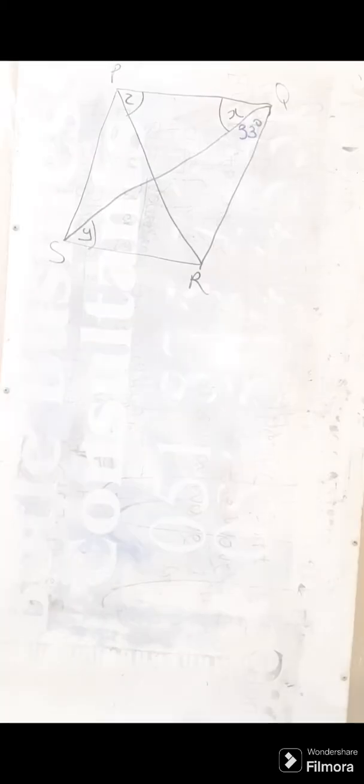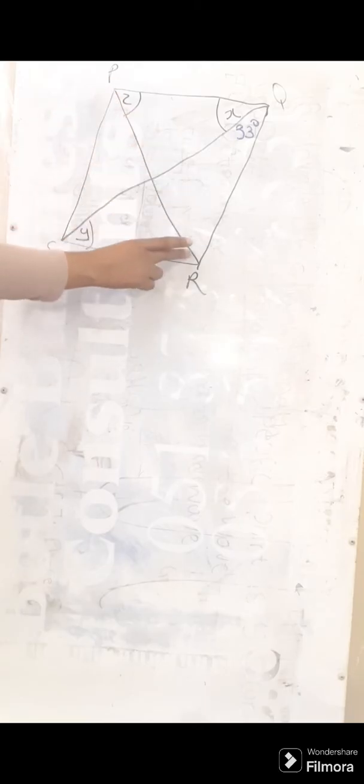So let's do that quickly. Here we are, and we have to calculate X, Y, and Z. So we are going to start with Z. Diagonals of a rhombus bisect. Which means this angle has been cut in half, this one has been cut in half, and this one has also been cut in half, right?